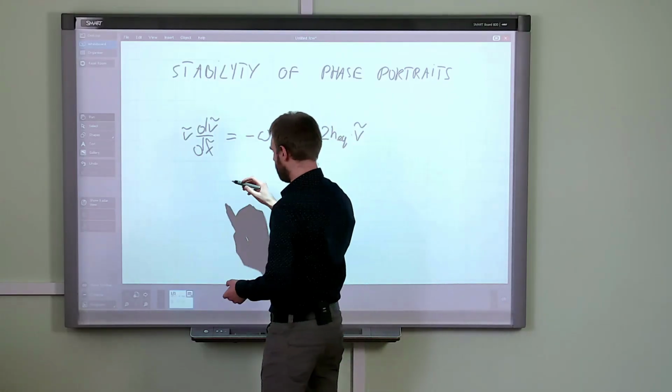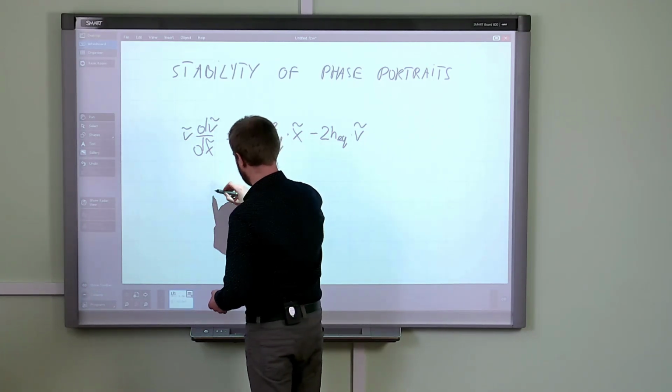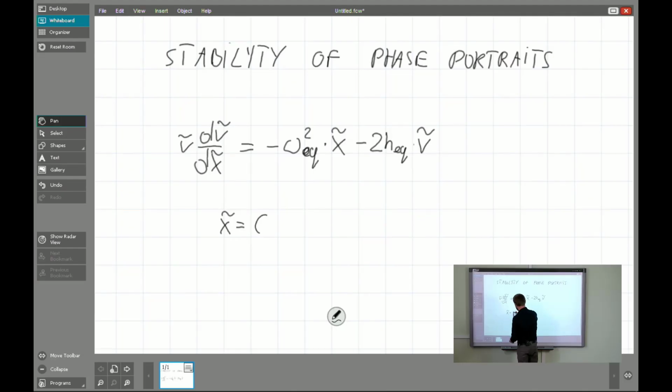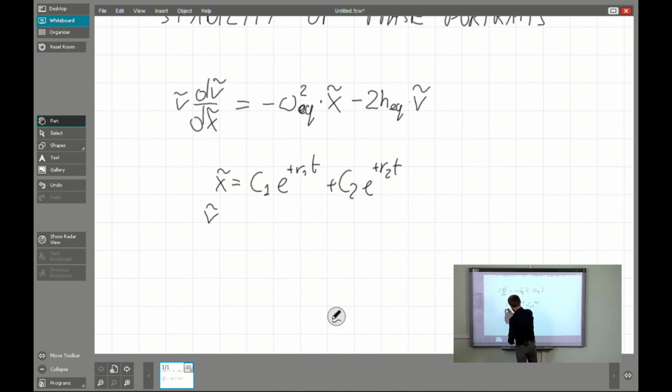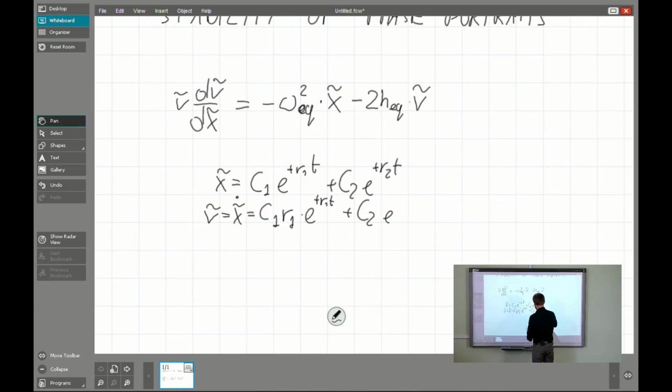We also figured out that the solution in time is given by C1 e to the R1 t plus C2 e to the R2 t, and the velocity will be C1 R1 e to the R1 t plus C2 R2 e to the R2 t.